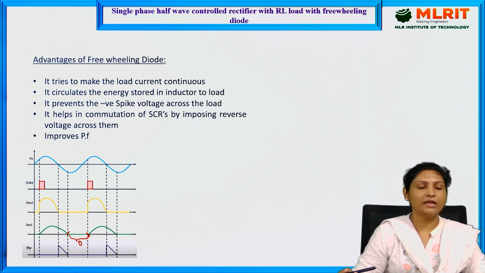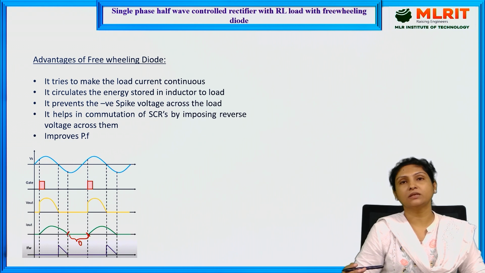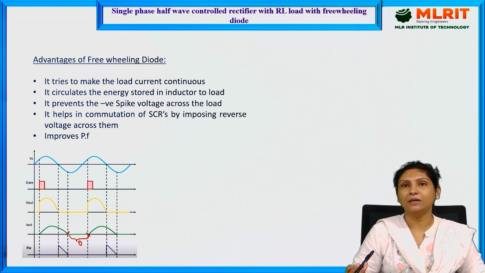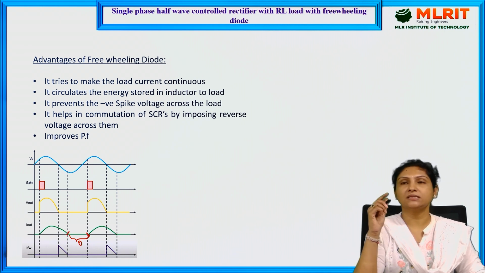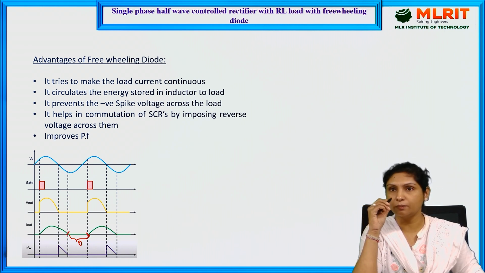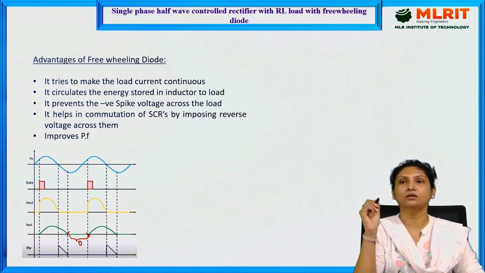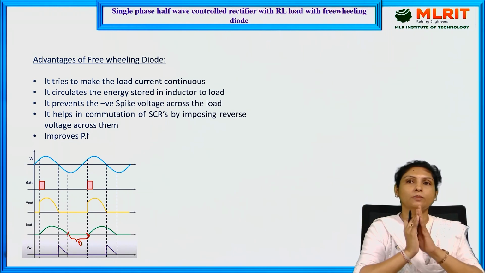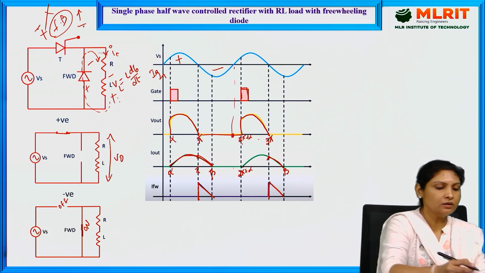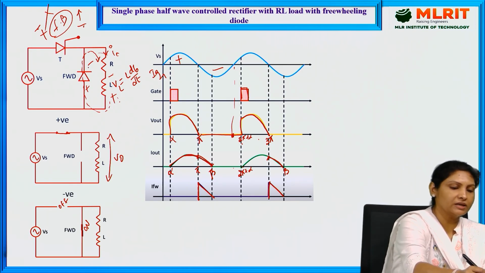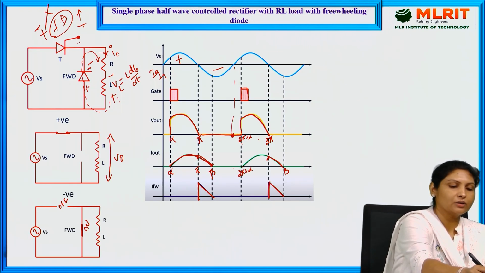So it also helps in commutation of SCR by imposing reverse voltage across them. If you see, since the freewheeling diode has come into the picture, it has got turned on, the thyristor is automatically getting turned off, because the cathode of the diode will be more negative when compared to that of the cathode of the thyristor.